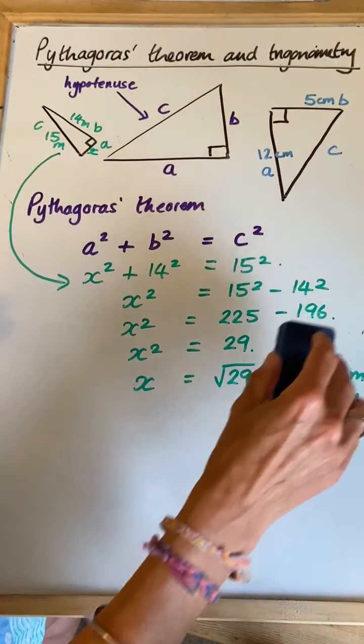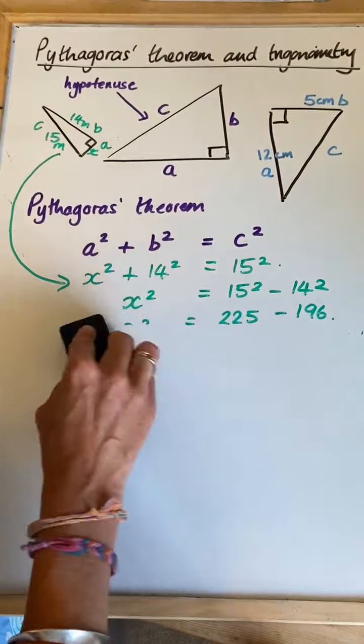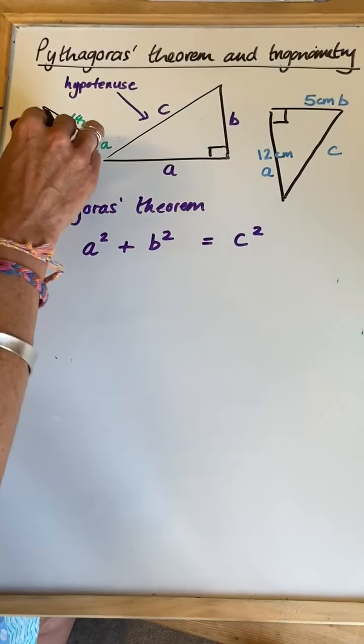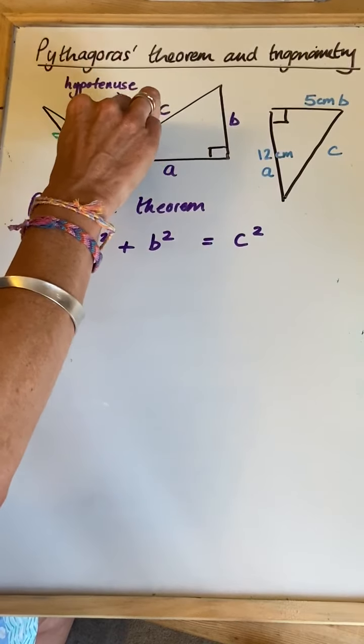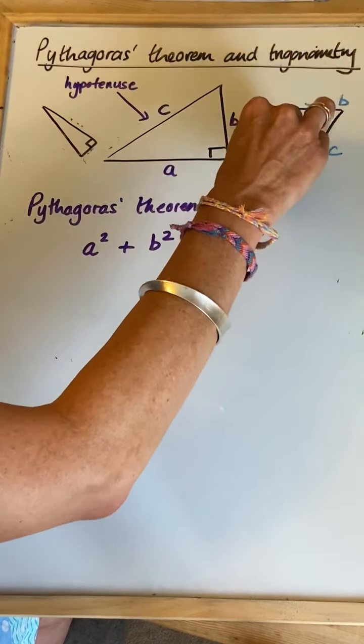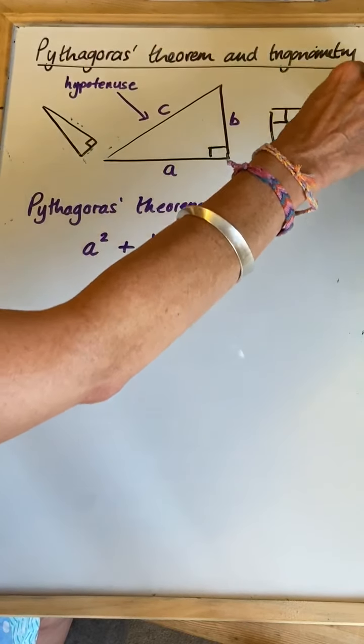Okay, we're going to look at a slightly different example this time. So I'm going to keep Pythagoras' theorem in the middle there. Get rid of my numbers from up here. And I'm going to look at one that perhaps isn't quite so obvious from the outset.